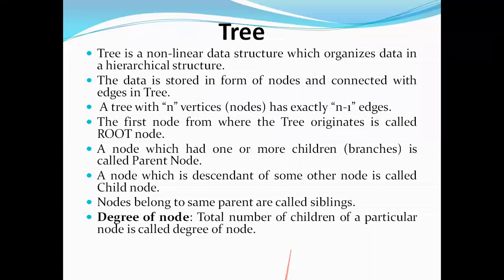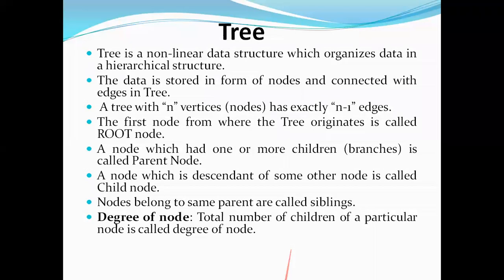If a particular node has one or more further nodes, we call it a parent node. A node which is a descendant of some other node is called a child node. A node which has a particular parent is called a child node. Nodes belonging to the same parent are called siblings. If two nodes have the same parent, we call those two nodes siblings.